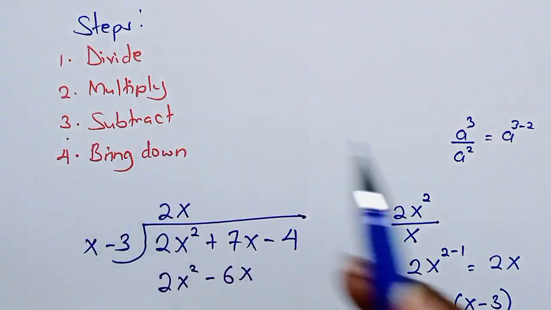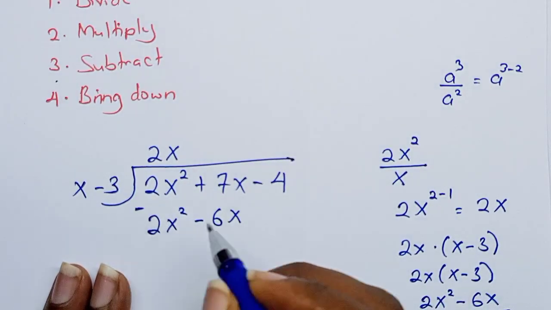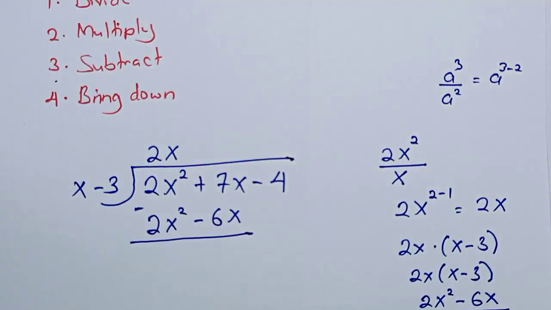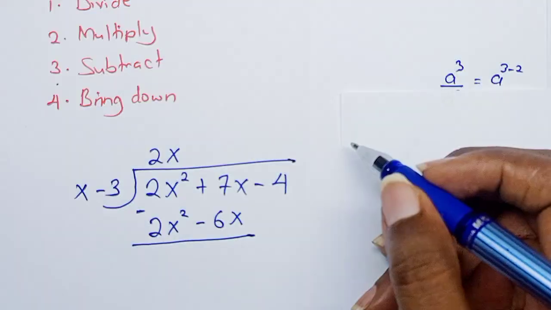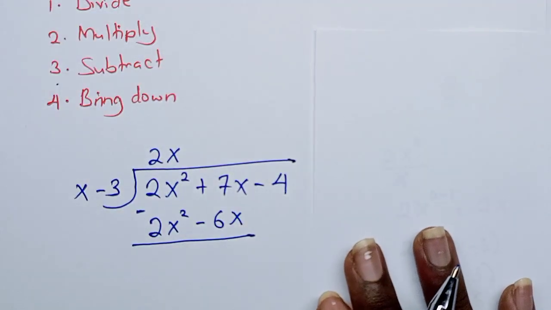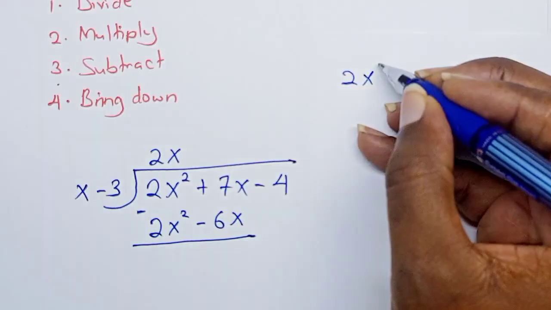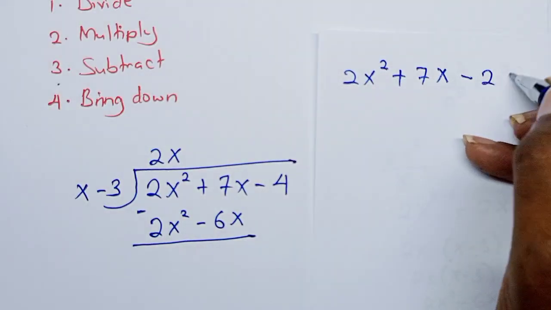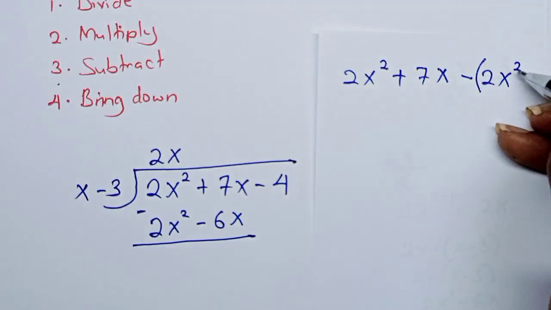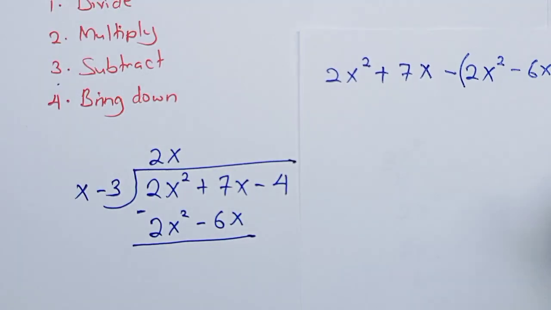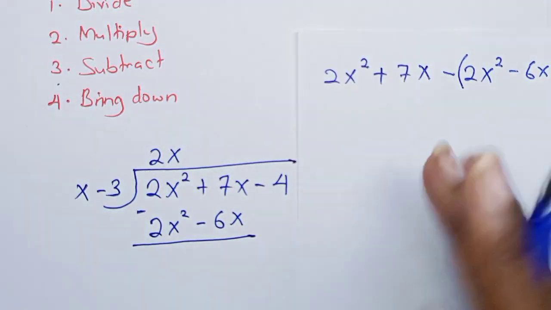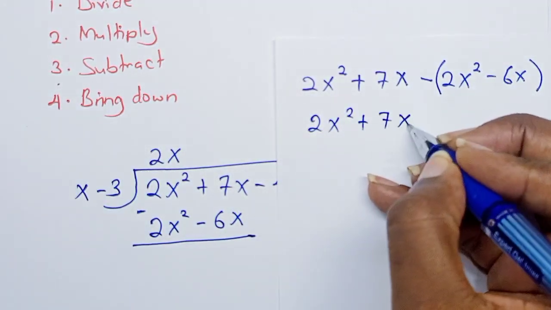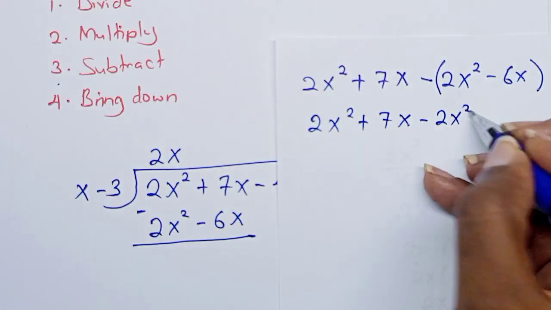The next step is to subtract. So we shall subtract these terms here. This minus this. So we do our side work. We shall have 2x squared plus 7x minus 2x squared minus 6x. So when you expand this, you will have 2x squared plus 7x minus 2x squared.